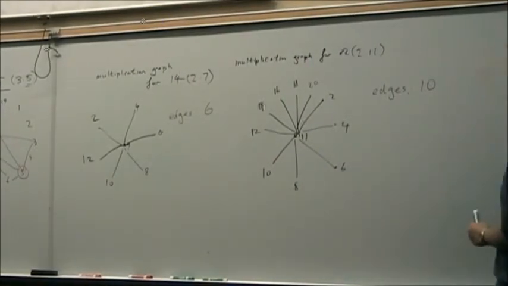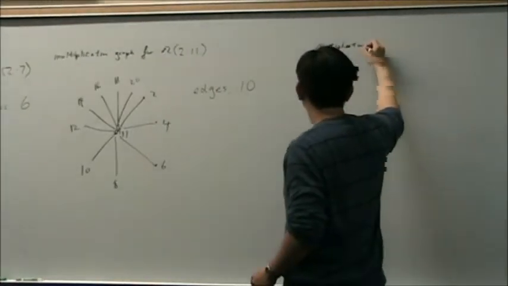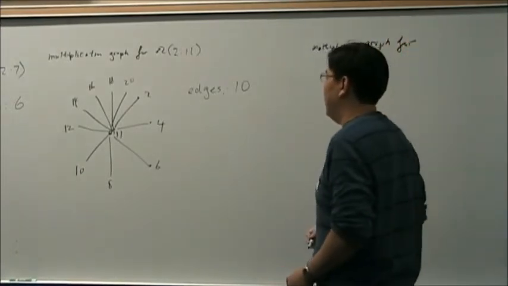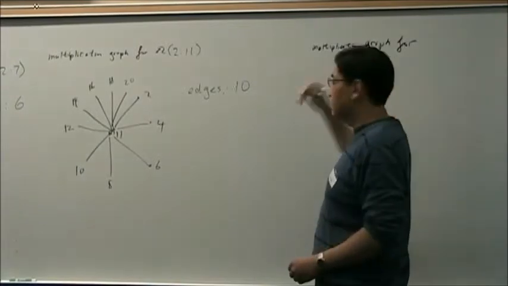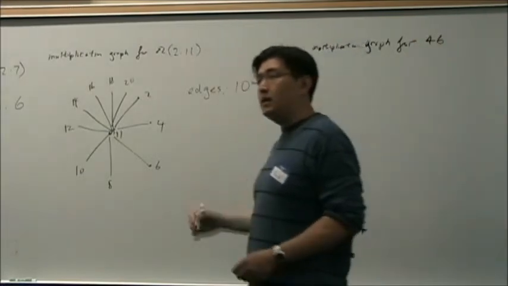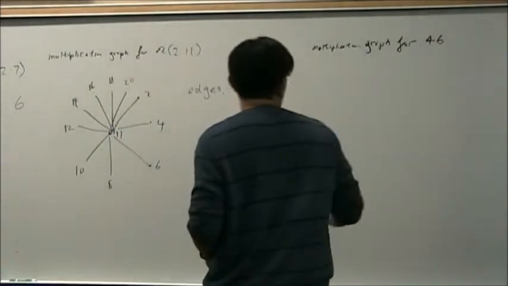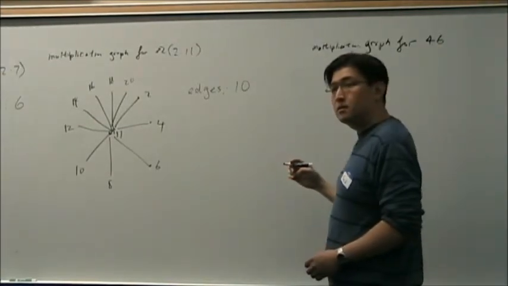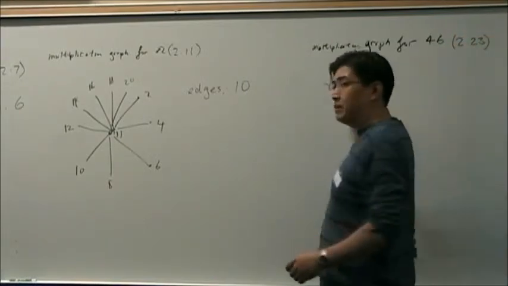Does that make sense? So on the multiplication graph, let's say for 46, how many edges would people expect? 22. Can someone explain to me why that may be the case? That many multiples of 2 which are less than 46. So this is 2 times 23.